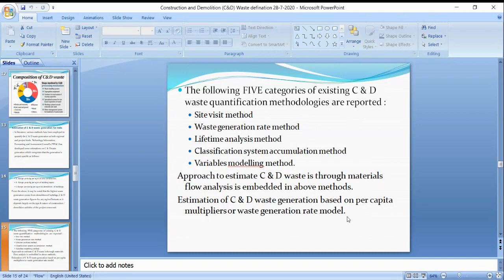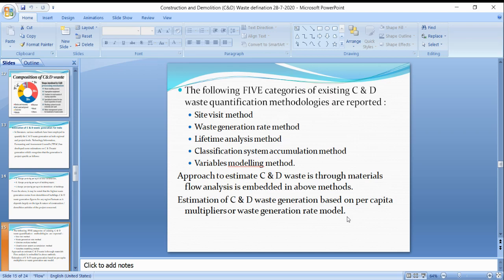Those are site visit methods. Generally, if you go for a site visit, then we can see which type of methodology they are using. They have to examine what is happening.